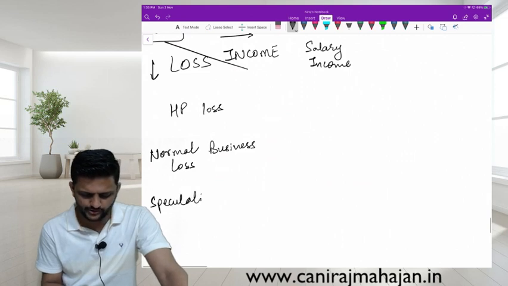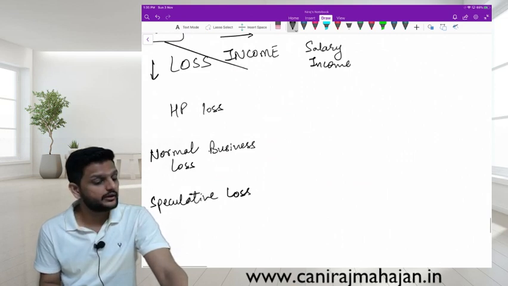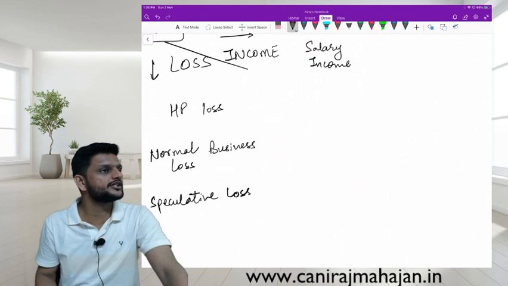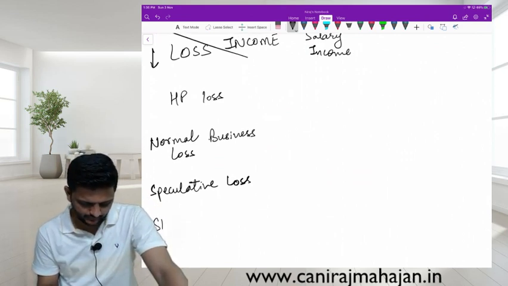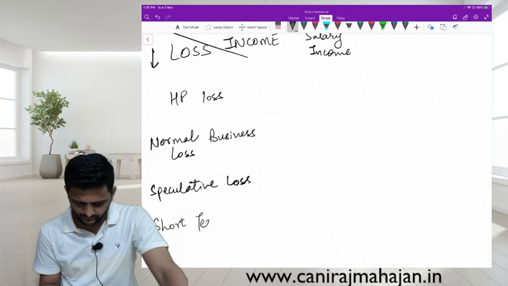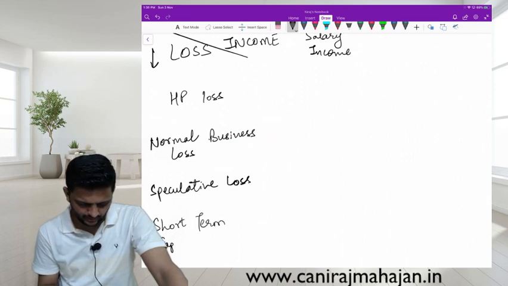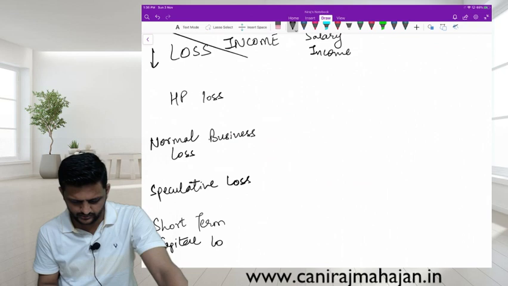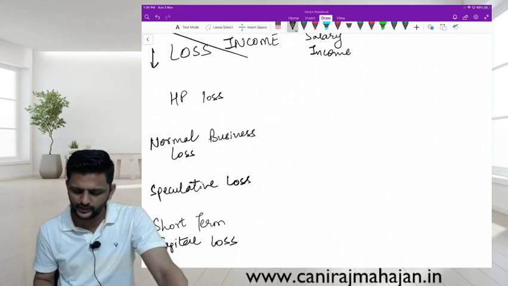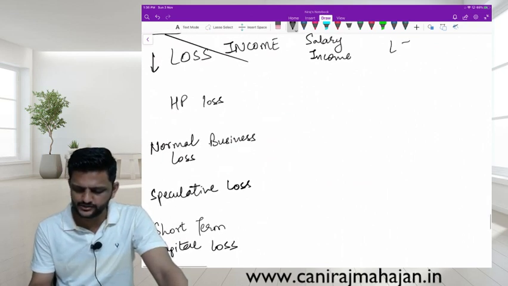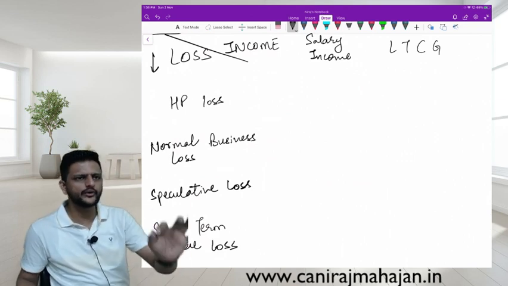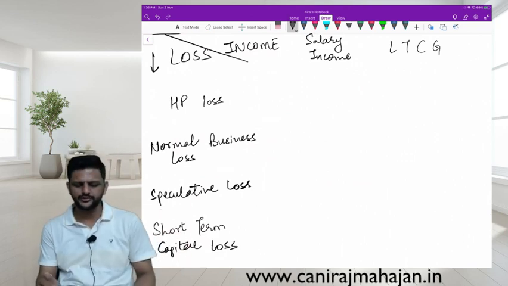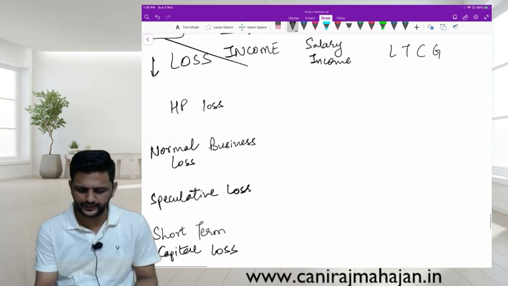Then again something in bracket, that is your short term capital loss. And then you have LTCG. Instead of allowed or not allowed, you can write yes or no, in shorter words. Try.